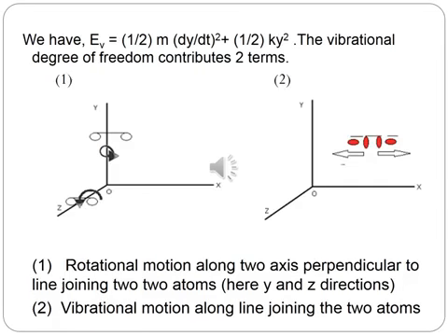So, there are two terms in the expression for the vibrational energy. From the given figures, the first one shows the rotational motion along two axes perpendicular to the line joining the two atoms, here y and z directions, and the second figure shows vibrational motion along the line joining the two atoms of a molecule.